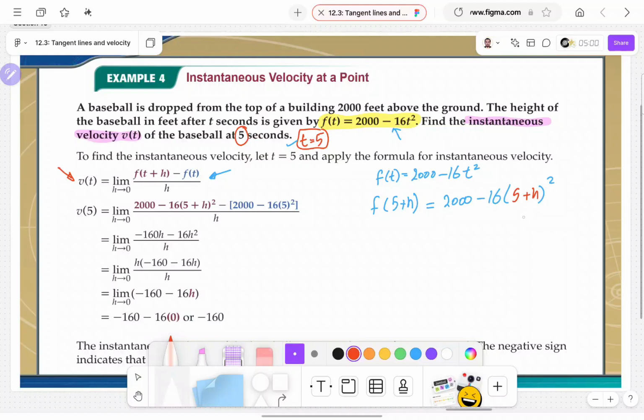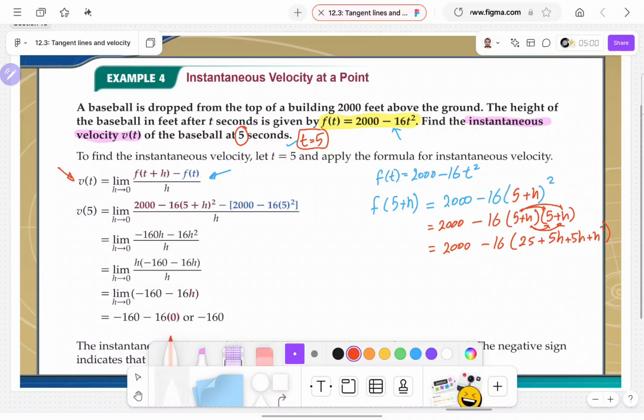Now let's simplify this one. We get 2000 minus 16 times (5 plus h)(5 plus h), because it's 5 plus h squared. Now we use the distributive property: 5 times 5 is 25, 5 times h is 5h, then 5 times h, another 5h, then h times h is h squared.